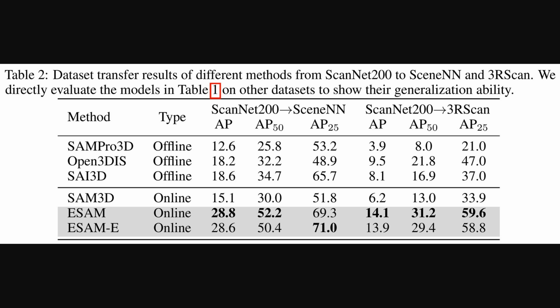AP50 is average precision, where the prediction must have at least 50% overlap with the actual object, measured by intersection over union, or IOU, quantifying how well predicted and true areas match. EmbodiedSAM consistently achieves strong scores here, showing it adapts well.